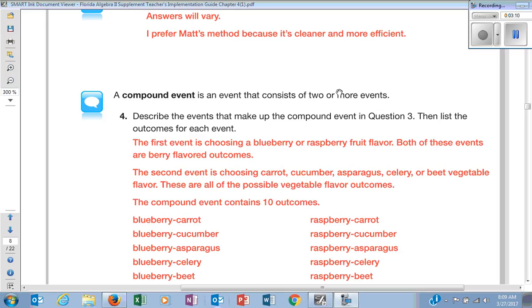Now think about this. Which one's going to have higher chances of happening, ands or ors? A lot of people think ands, but it's actually ors. Think about my logic.